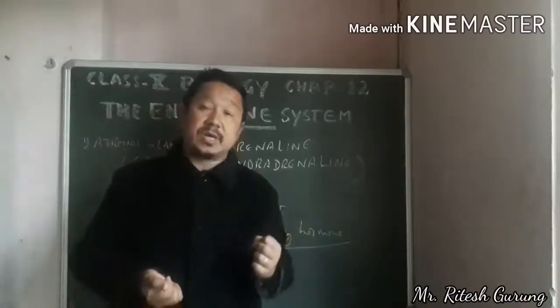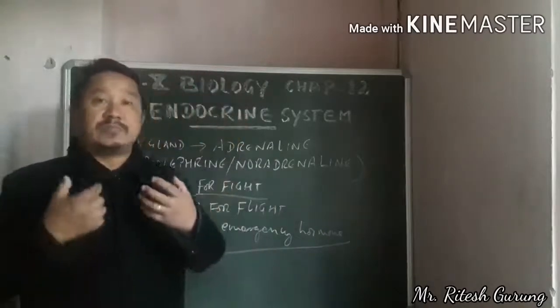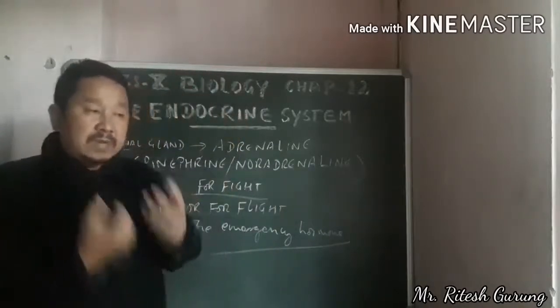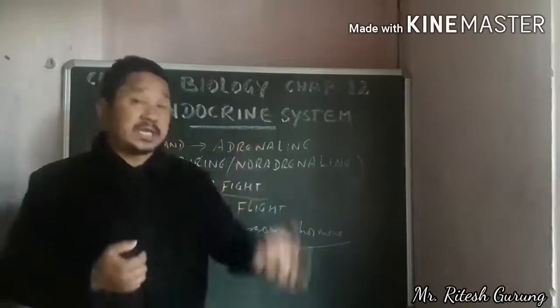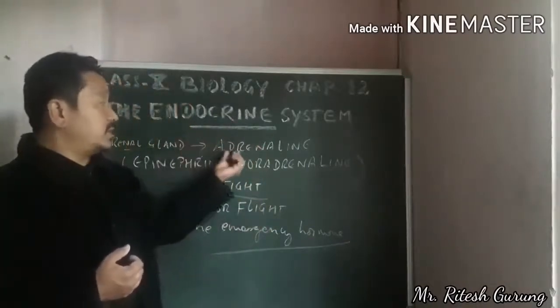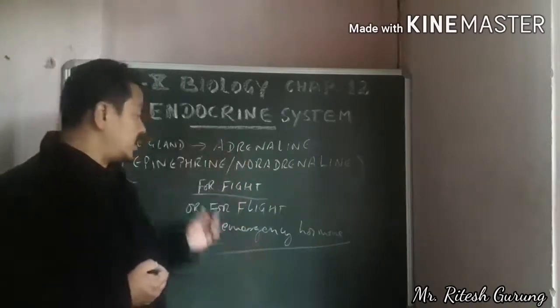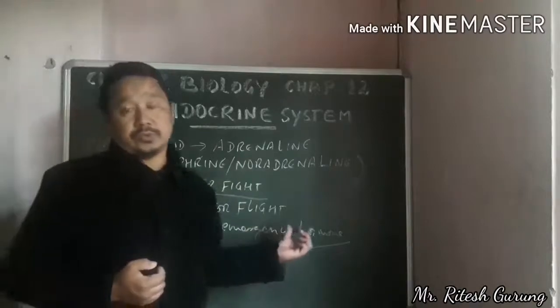So this type of preparation takes place in the body in such emergencies under the influence of this hormone called adrenaline. That's the reason why this hormone is also called the emergency hormone.